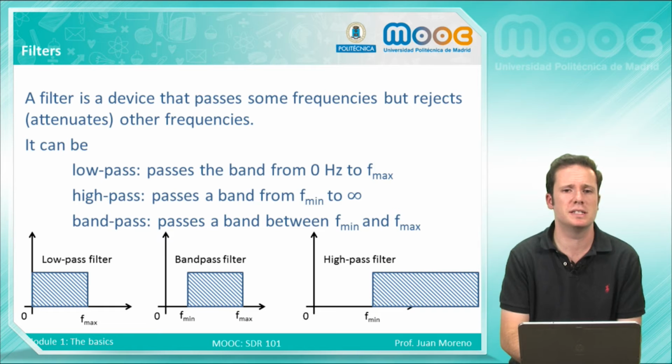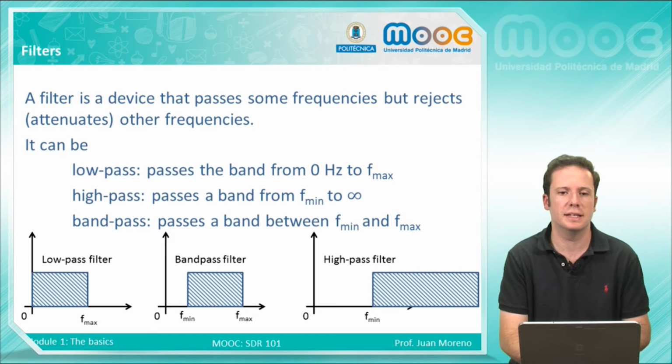The first one is the low-pass filter, which lets pass the frequencies between 0 and the highest frequency of the filter, the cutoff frequency. The second one is the bandpass filter, whose lowest frequency is more than 0 and which also has a higher cutoff frequency.